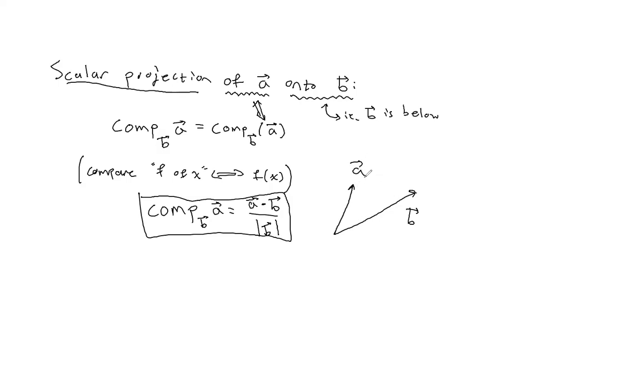And the figure that we have in mind here when we do this, the comp AB, what that actually is, you drop a perpendicular line, and what that gives you is a new vector. We get this new vector underneath it, and the length of that new vector is the magnitude of the scalar component.